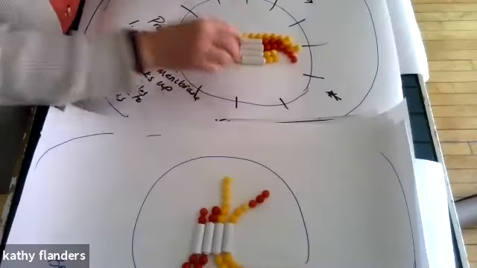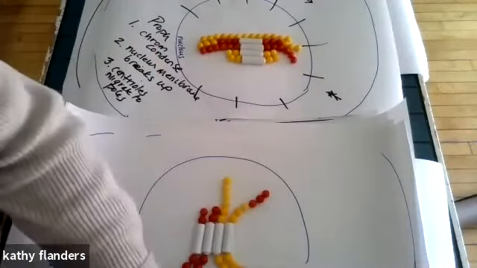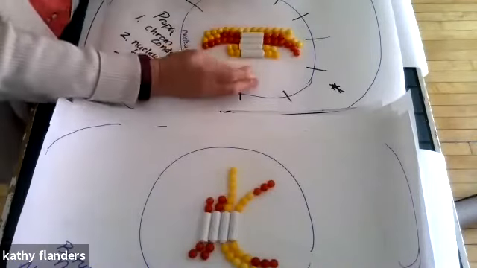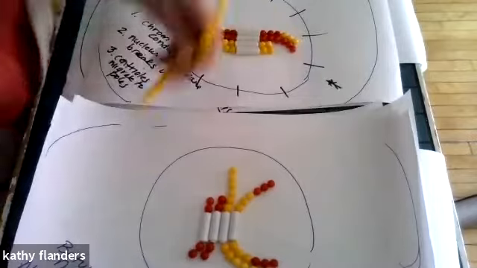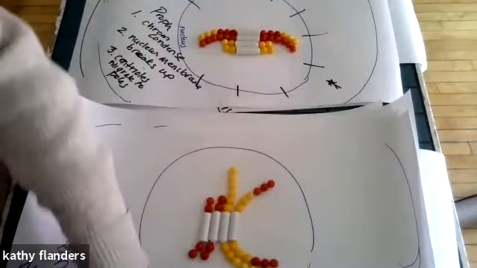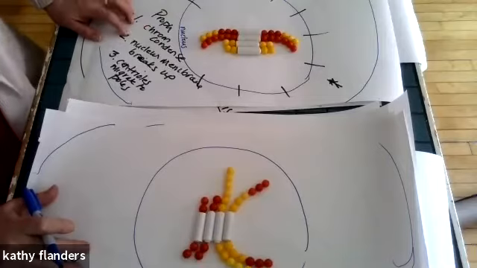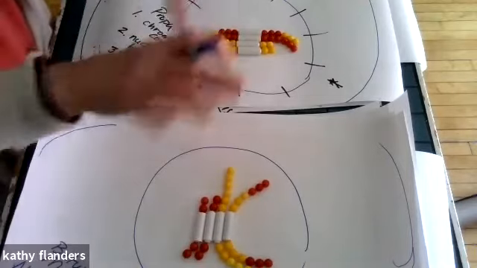Perfect. All right. And what's the one other thing that's going to happen at the same time, Darian? Do you remember which one he missed? What is happening in prophase 1 or prophase 2? Sorry, prophase 2, but it happens in any prophase.